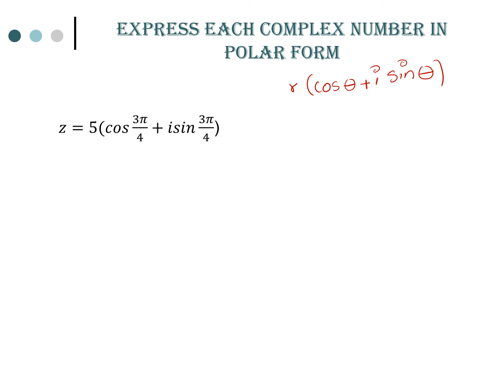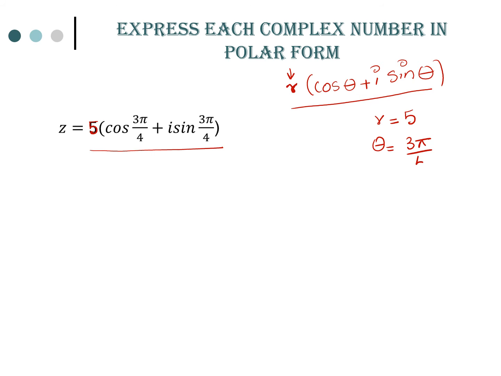Now look at the question and compare this standard form with the form that is given to you. You can see that in place of r, 5 is written, so the value of r is 5. Now what is theta? Theta is 3 pi over 4.